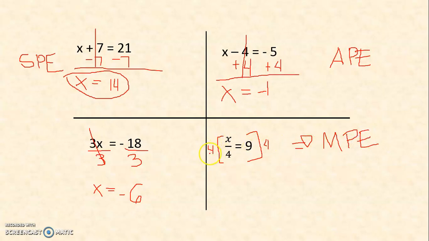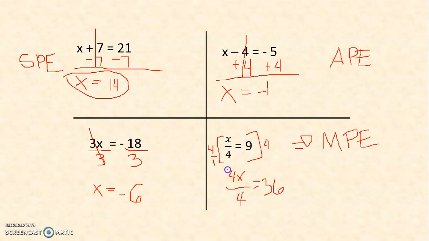So we have here the denominator of 4 is 1. 4 times x, that is 4x, all over 1 times 4, that is 4, is equal to 9 times 4 equals 36.